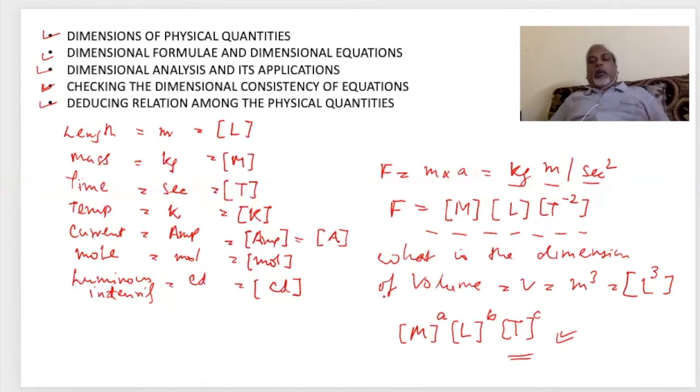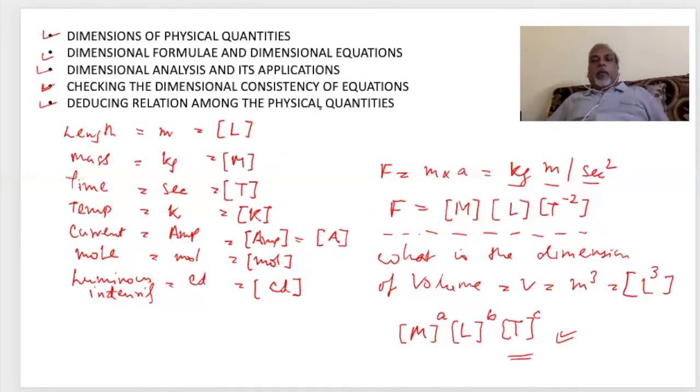What do you understand by dimension? Representing any physical quantity in terms of M, L, T, K, A, mole, candela, like that. You can write down the formula. But this formula does not give you anything about any constant if it is there.